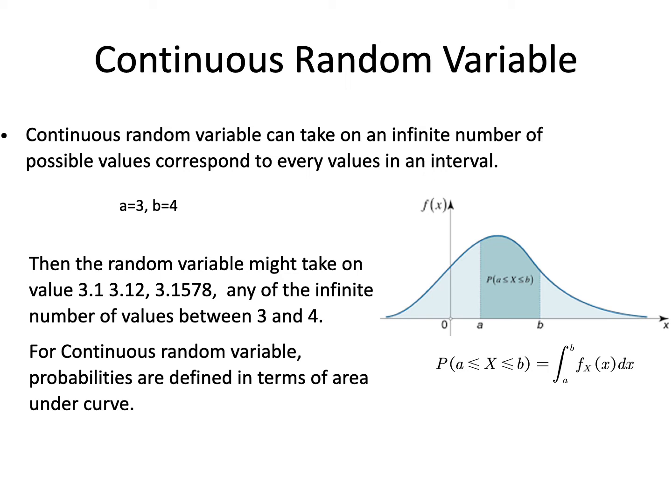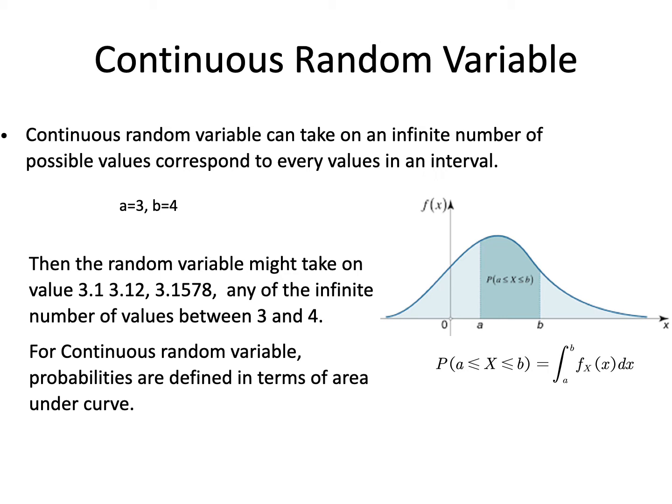Here we can see in the figure this curve f(x), which we call the probability density function, or pdf, and the values the random variable can take on are given down here. We can see the x-axis and the pdf.